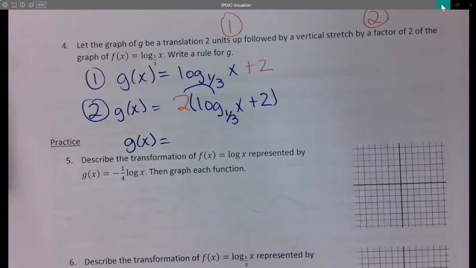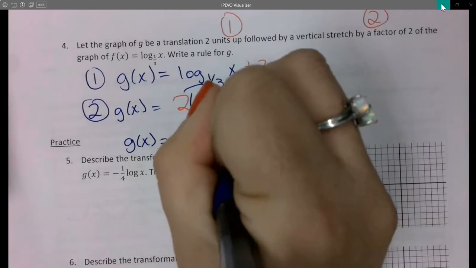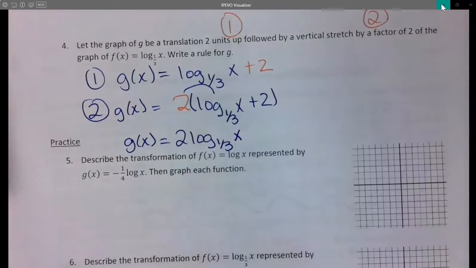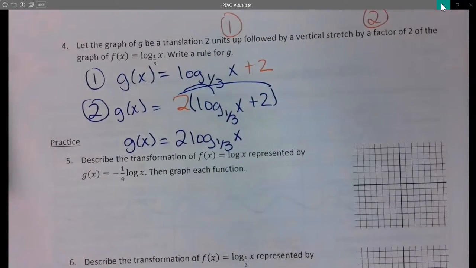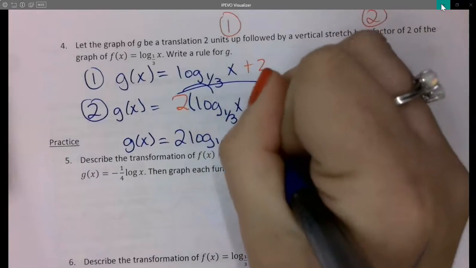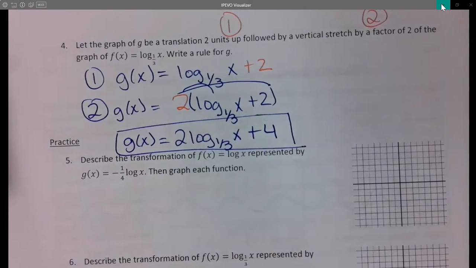So I have 2 log base 1/3 of x. Nothing's going to change there. And then I have 2 times 2 at the end, which is going to turn into 4. Questions here?